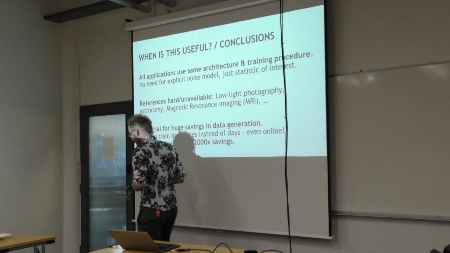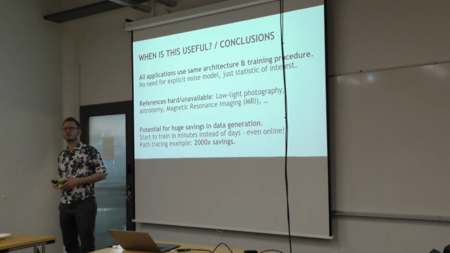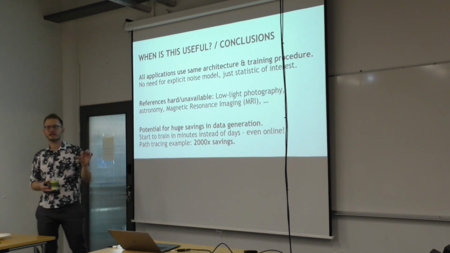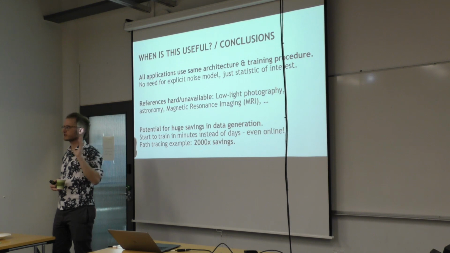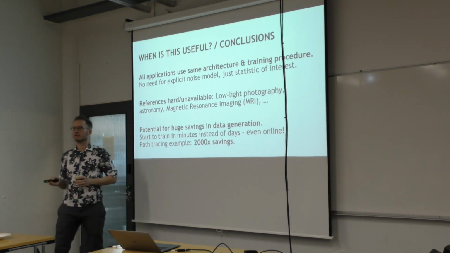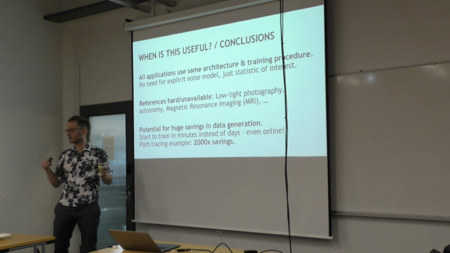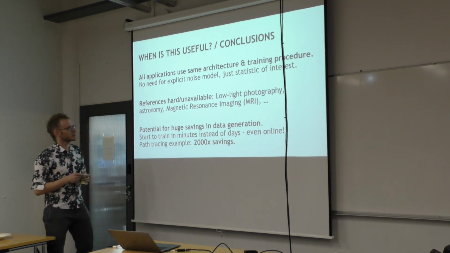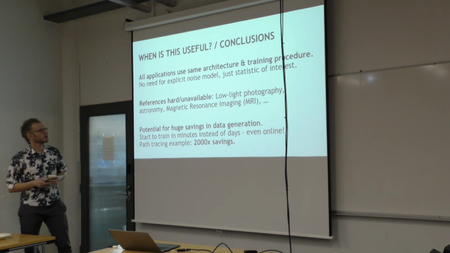What I find powerful is that we really don't need to know anything about the corruption except the statistic of interest. Is it correct on average? Is the median correct, and so forth? We do not need an explicit statistical model of that corruption. We don't know if it's Gaussian or Laplace or anything like that. The same thing works out of the box, you just give it different data.